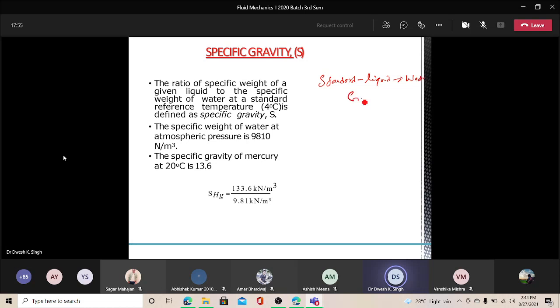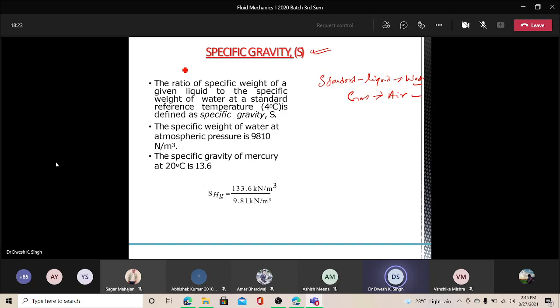So these two are considered standard fluids: water in the liquid medium, air in the gas medium. That standard fluid is used in the definition of specific gravity. Now let us move to the definition of specific gravity. The ratio of a specific weight.